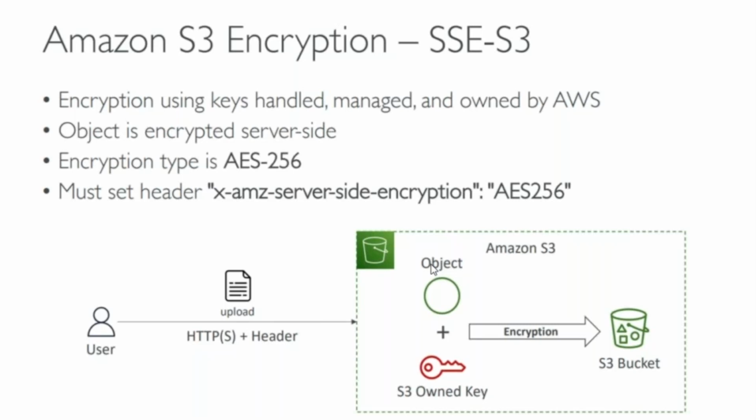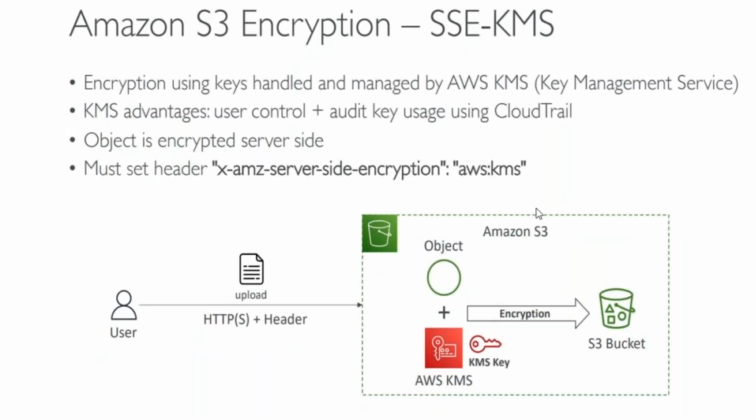The object is encrypted server side. The encryption technique that we are using is AES-256, and you must set a header if you're using HTTPS. You have to use this header.